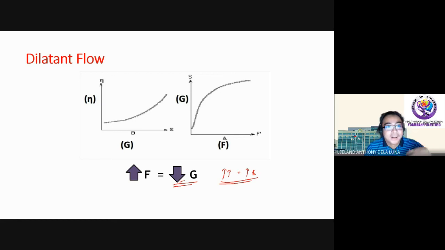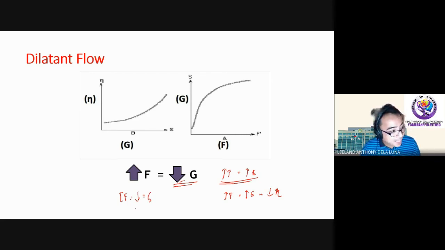For pseudoplastic class, same lang naman. The more force I apply, mas tumataas din yung shearing rate niya or yung flow property niya. So hence class, nagdi-decrease ang viscosity.